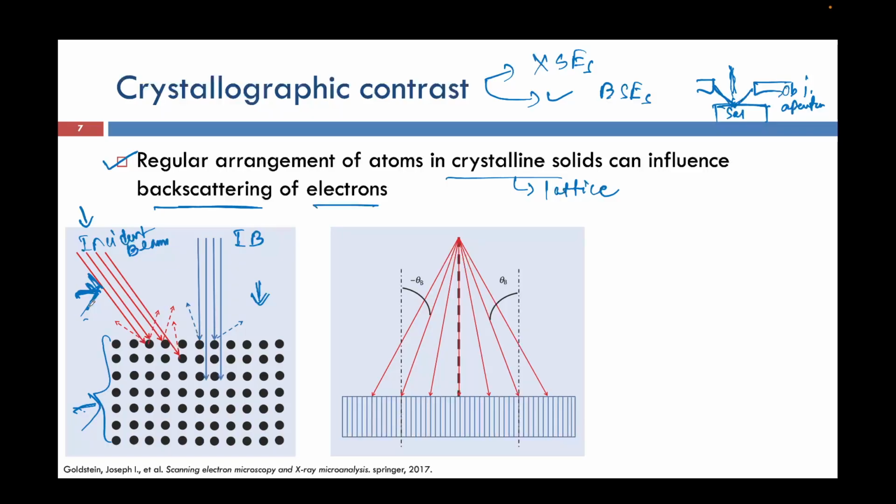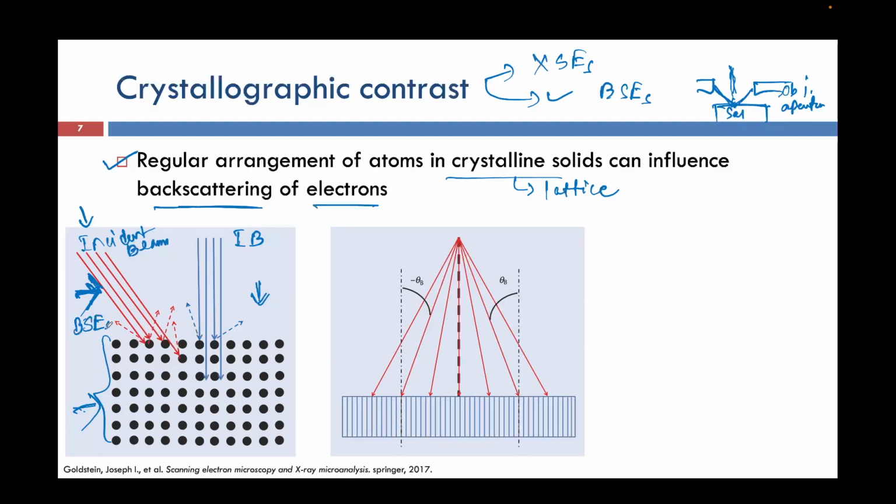These red beams are all incident beams, and the scattered beams, since they have lost some amount of energy, will be the BSE beam, that means the backscattered electron beam.